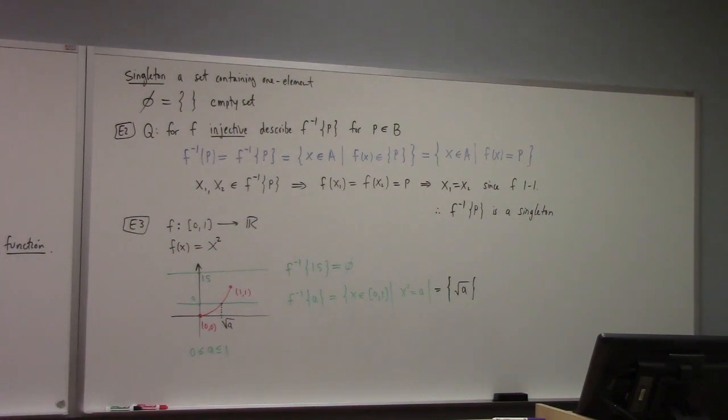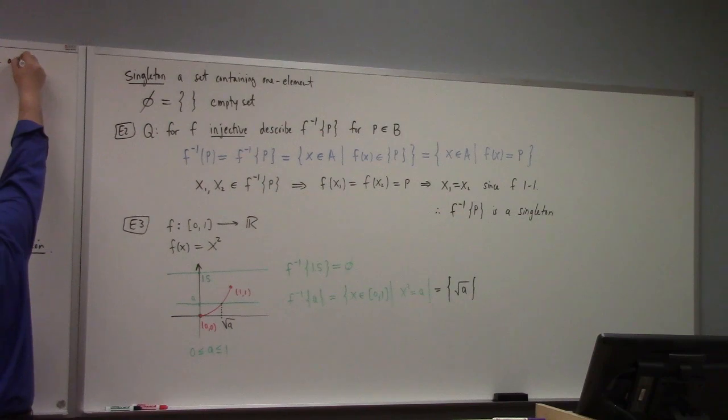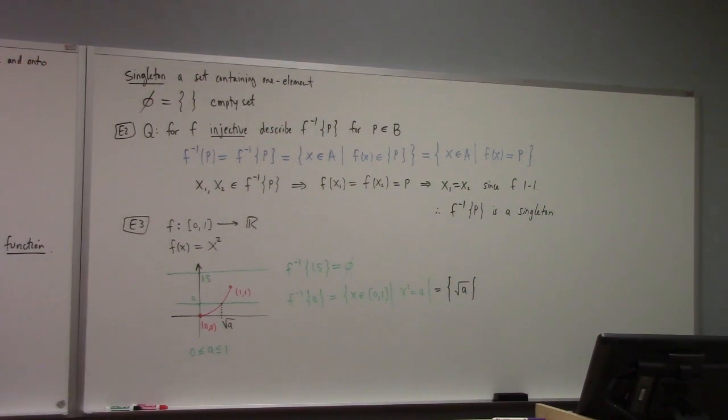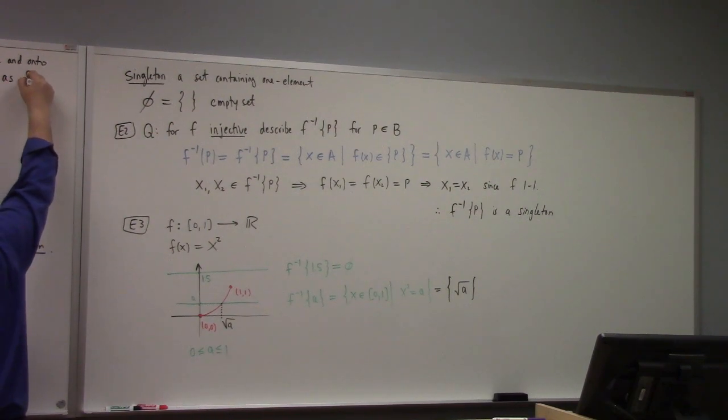So, definition: if f mapping from A to B is one-to-one and onto, then f inverse from B to A is defined as follows.